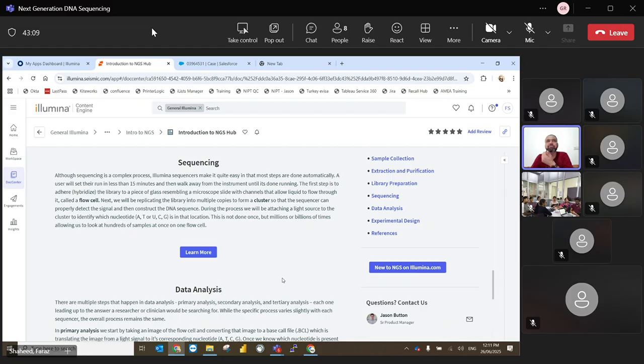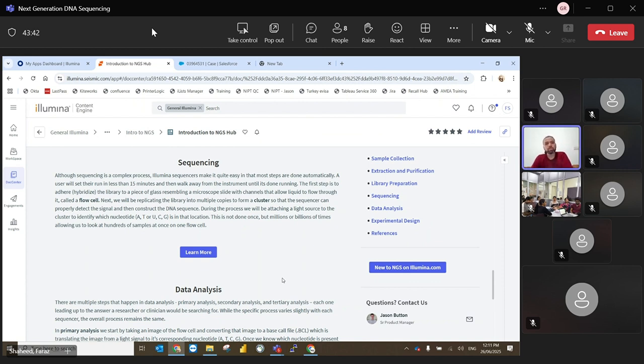For example, C is captured in red channel, 1 wavelength. Then T is captured in green channel. A will give image in both the channels, and G will not give image in any of the channels. So even with 2 colors, you can identify 4 bases, and this is what we commonly do in our instruments.